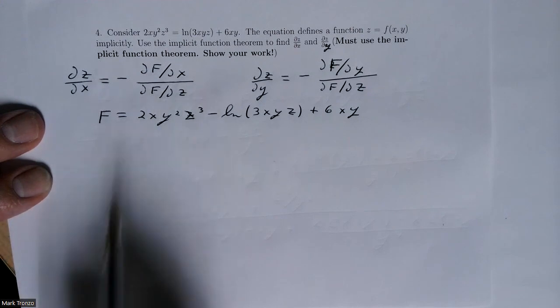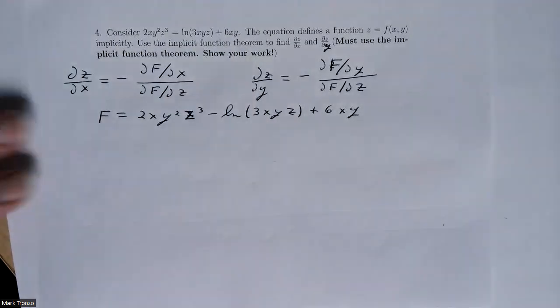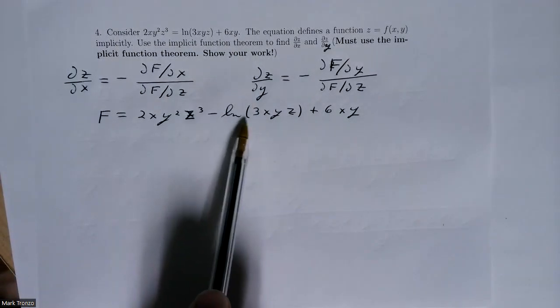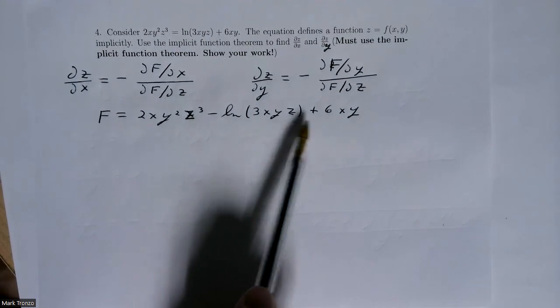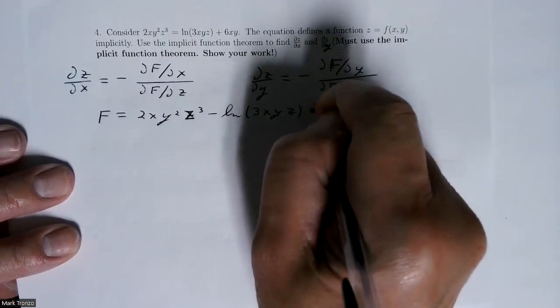And that's supposed to be a z cubed minus log 3xyz. And this should be a negative as well. I messed that up quite a bit.